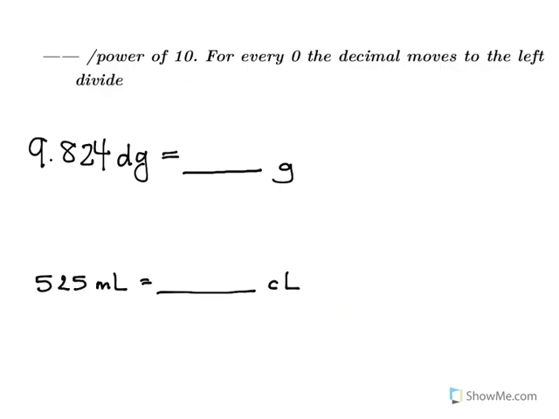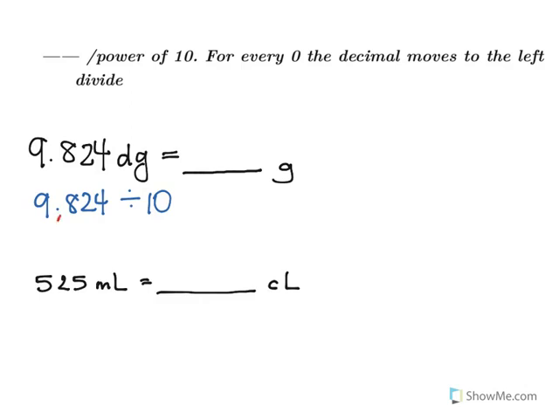So now I'm going to take 9 and 824 thousandths and divide it by 10. Now remember the rule with powers of 10 when you're dividing with decimals. The decimal moves 1 place over to the left.